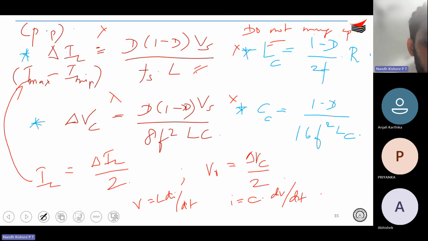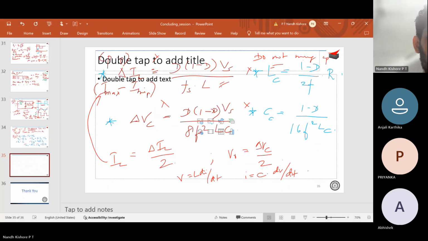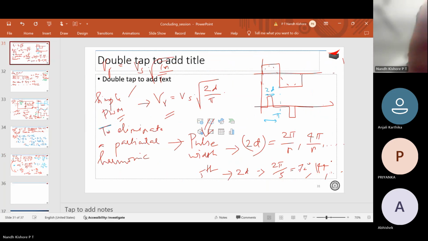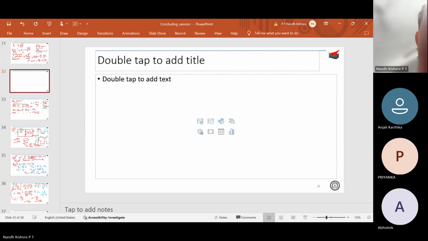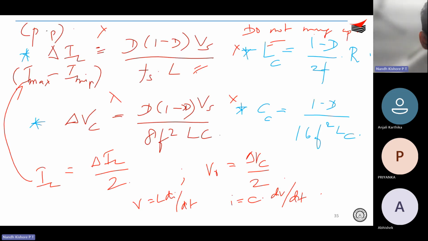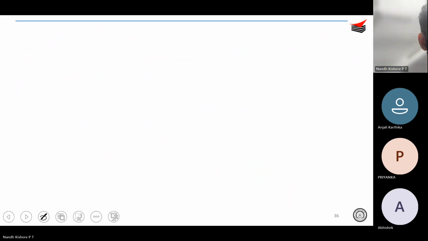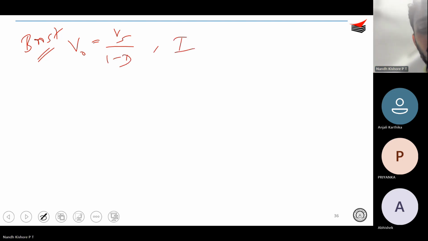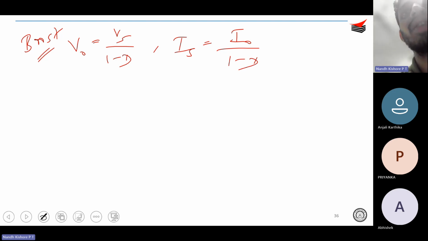So next we come to the boost converter. You know that V naught is equal to Vs by 1 minus D. Is is equal to I naught by 1 minus D. Correct?